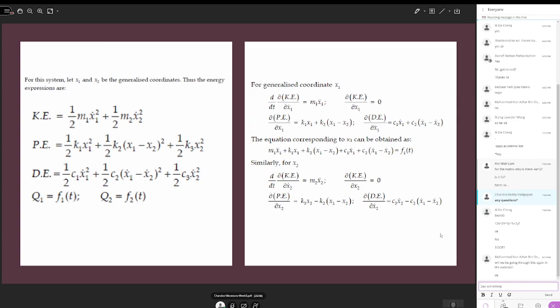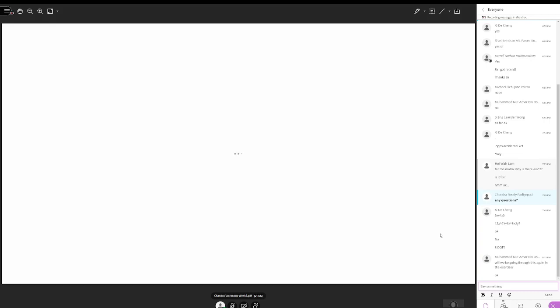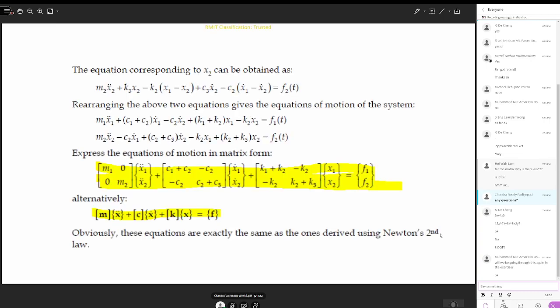Then you can see the derivation of the first equation of motion, then the second, and the third equation of motion. So you can combine all three equations and write them in matrix form. This is the very first example which we have done using Newton's method.